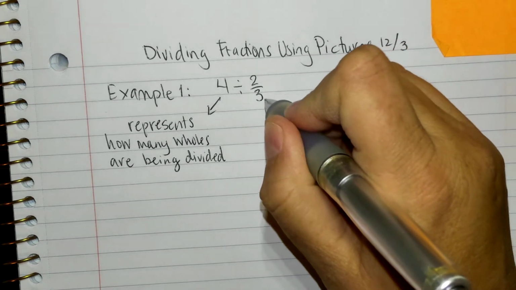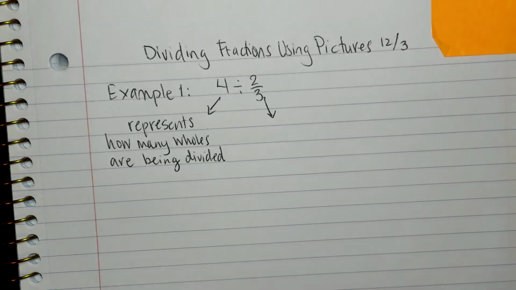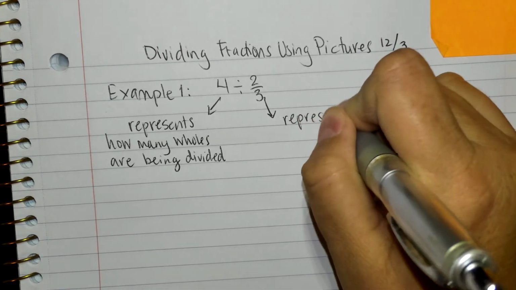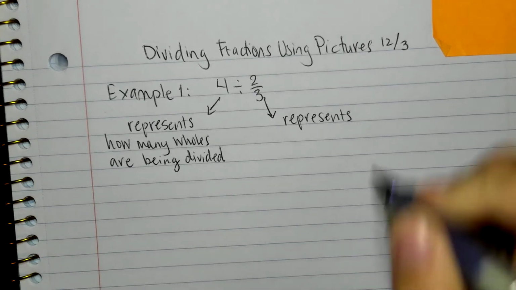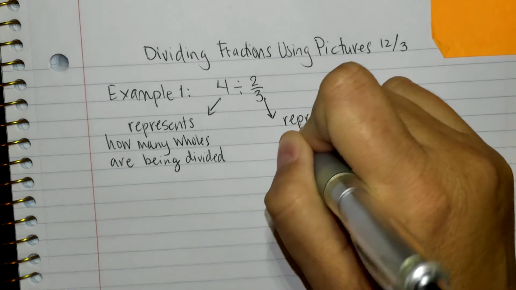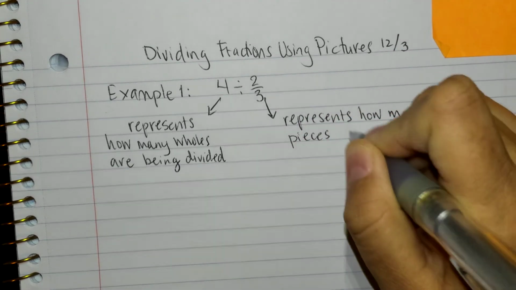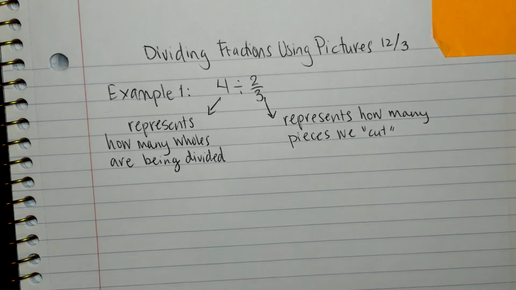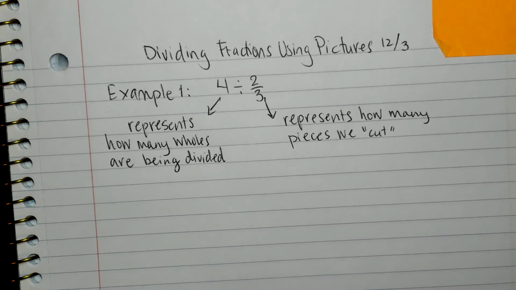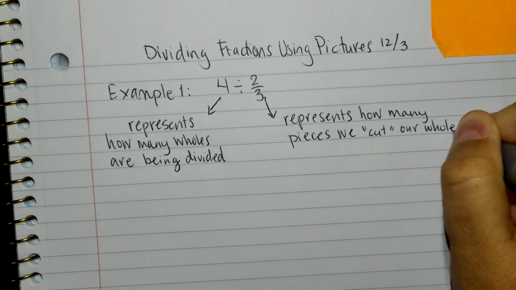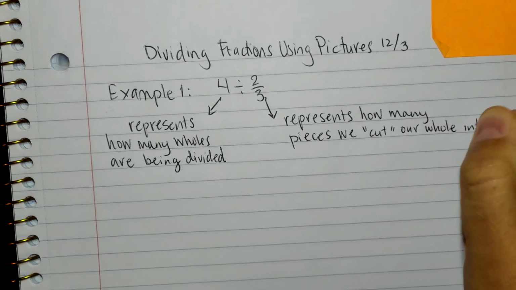The denominator, the bottom number, represents how many pieces we cut, and I put the term cut because it's all about making the actual division part. How many pieces we cut our whole into.